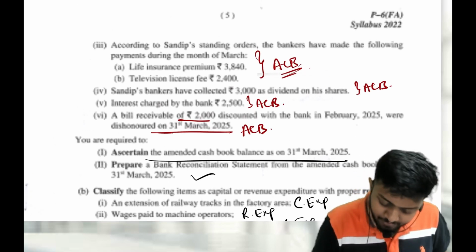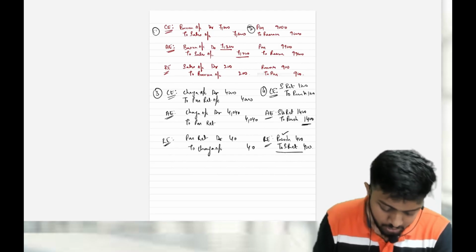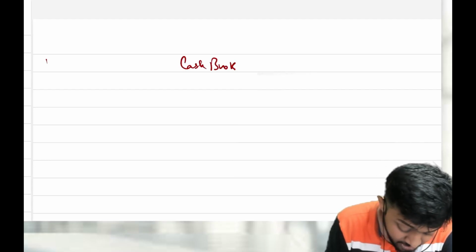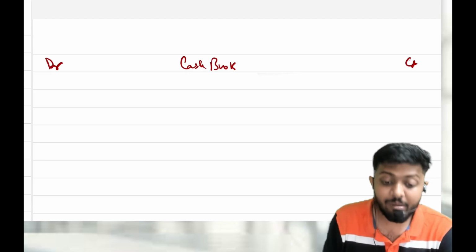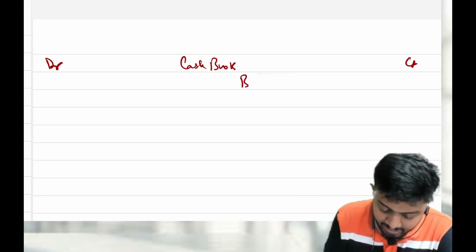Okay. So let's quickly prepare the amended cash book. The cash book has an overdraft balance, correct? So where will the opening balance come? Since it's overdraft, generally the cash book as an asset will have a debit balance, but since it's overdraft, the balance comes on the credit side, a negative balance.